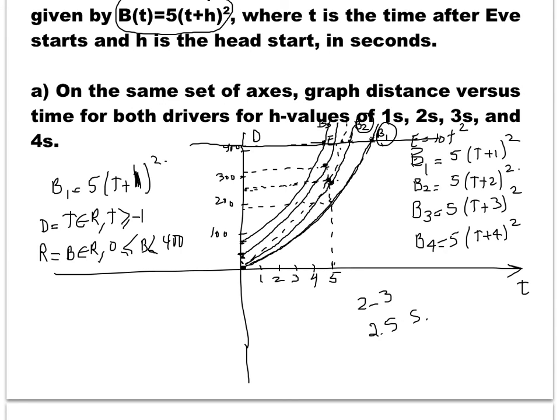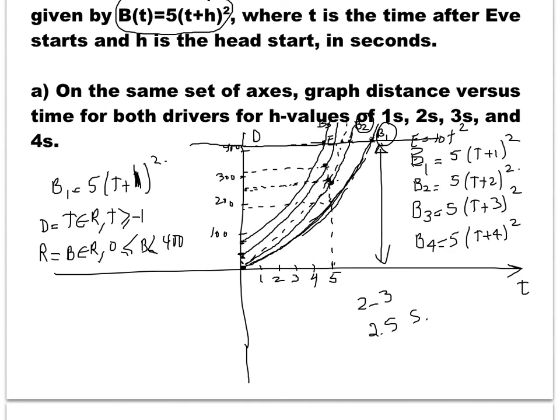Again, if you look at this graph, you can see that your time is always greater than or equal to -1 second, okay? And your range is all these values, which is going to be from 0 to 400.